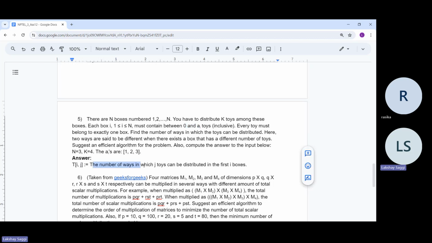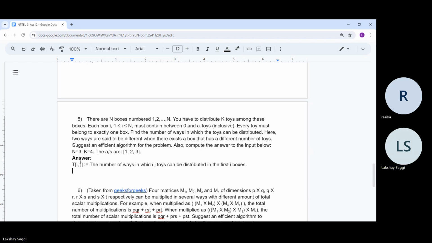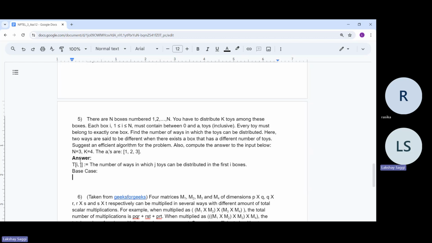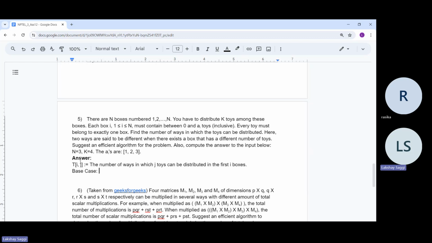We'll only be considering the first i boxes for this term Tij, and only after that we'll consider the others. Now I hope you can write the base case yourself. Try it yourself, I'll leave this as an exercise for you guys because it won't be too difficult.